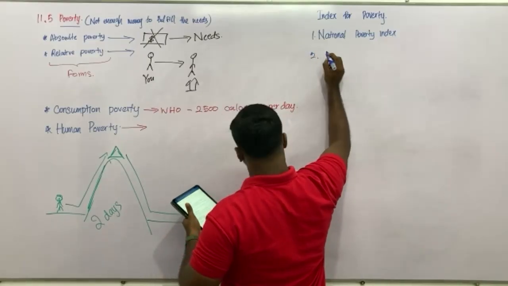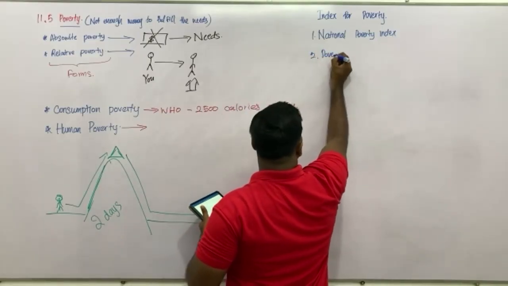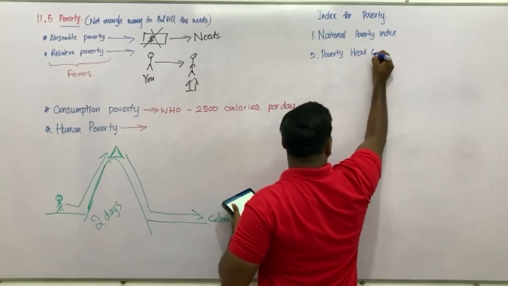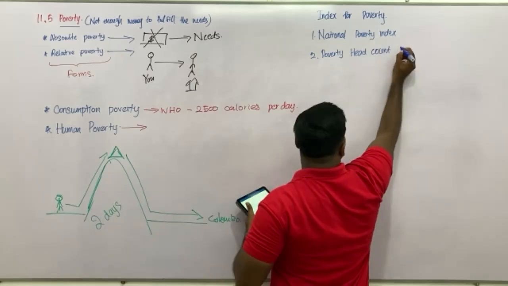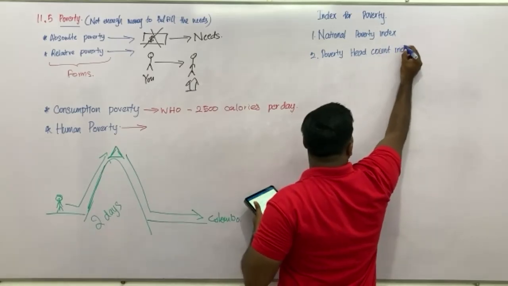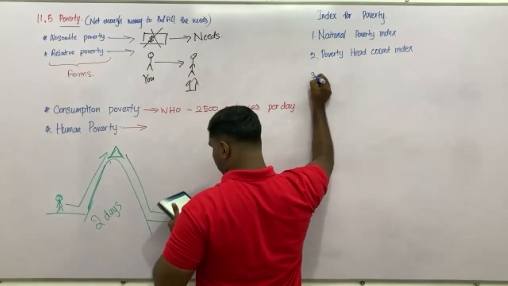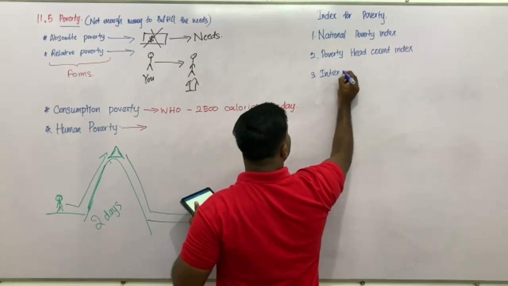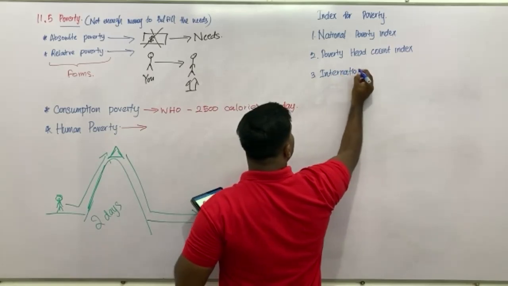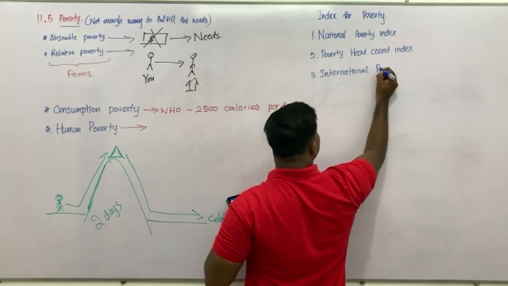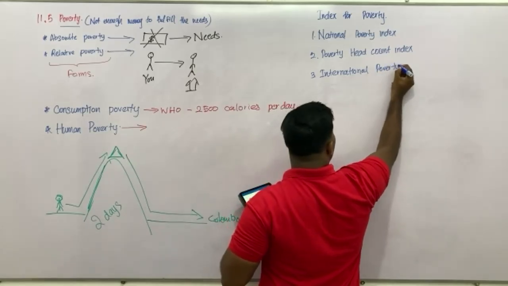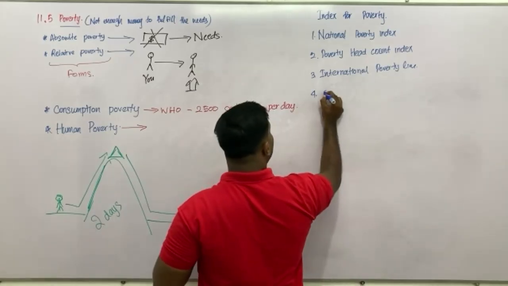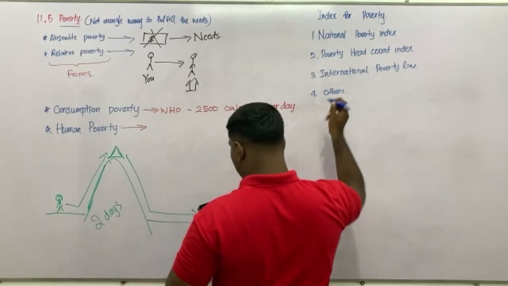Second one, Poverty Headcount Index. Third one, International Poverty Line. Okay. Fourth one, Others. Okay.